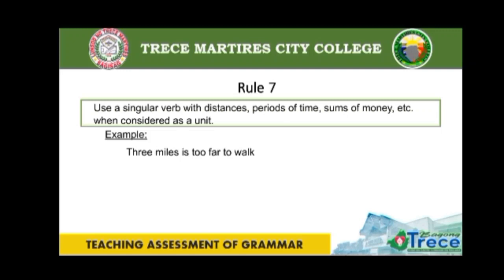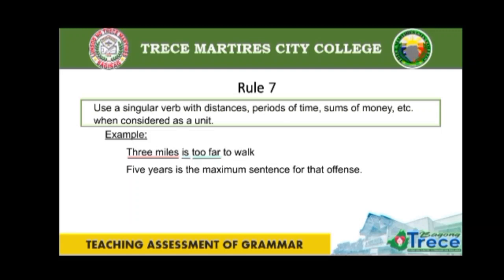In this example, three miles is the subject, and the verb is the linking verb "is," and "too far" is considered a unit of measurement. Although the subject is plural, because of the words "too far," which is considered as a unit, the verb we are going to use is singular, even if the subject is plural.